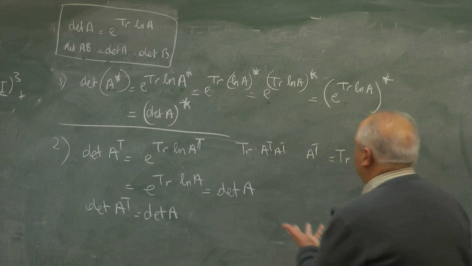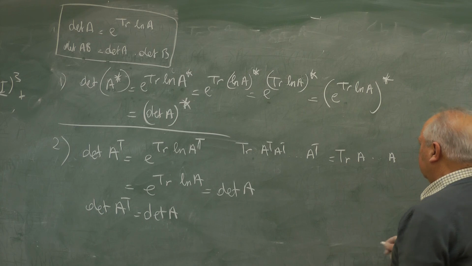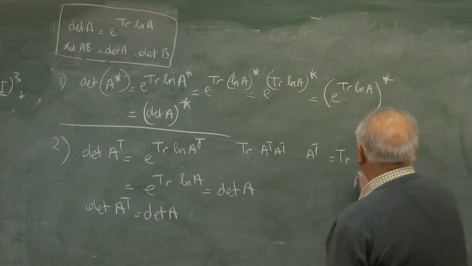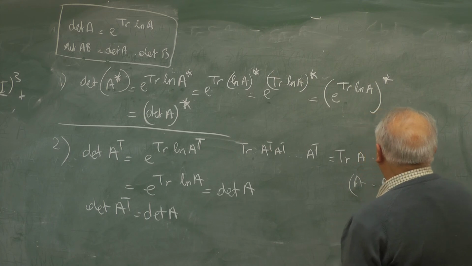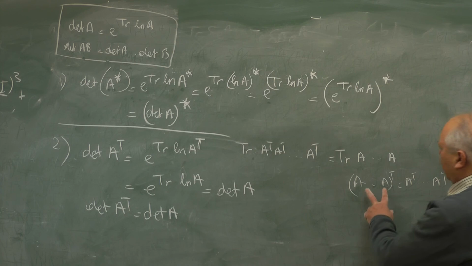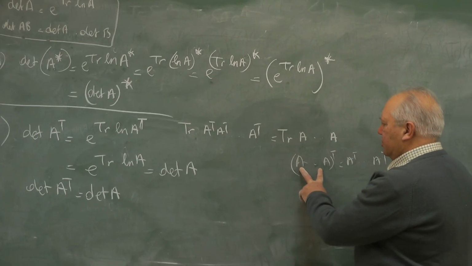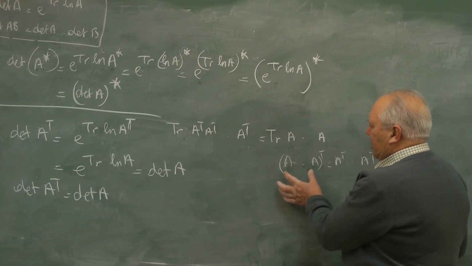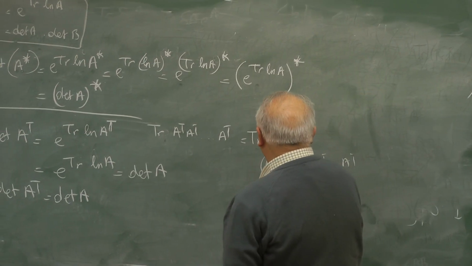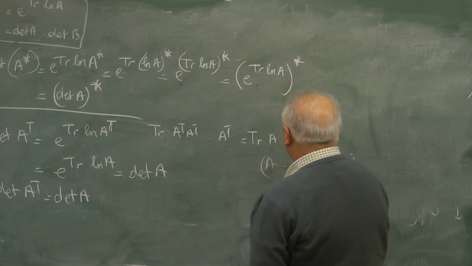This is an easy exercise. If you just take a bunch of A's and transpose them, it is A transpose. This is a matrix, let's say to the power n, so A to the n power, some matrix, transpose.